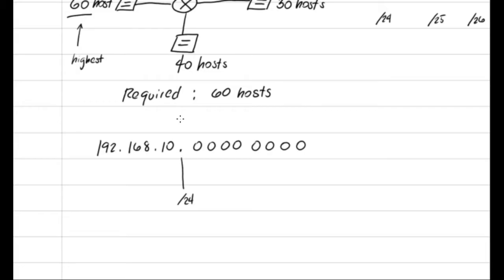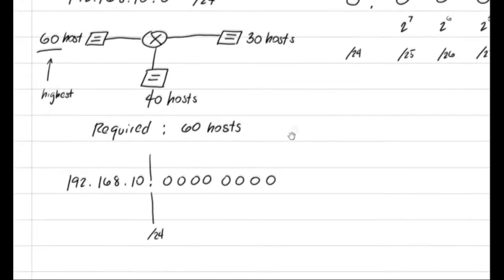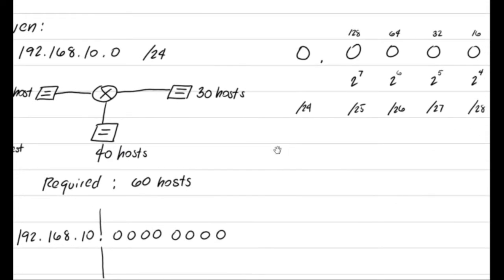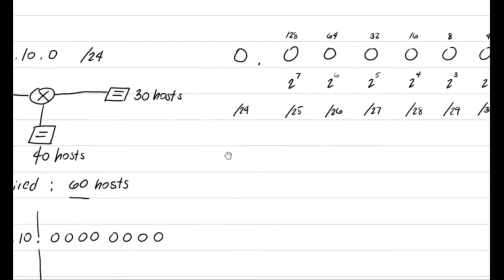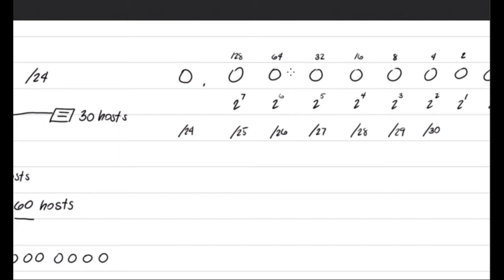So our required number of hosts is 60. So where does 60 fit? Okay. So 60 fits on this number of hosts. So we have 64.